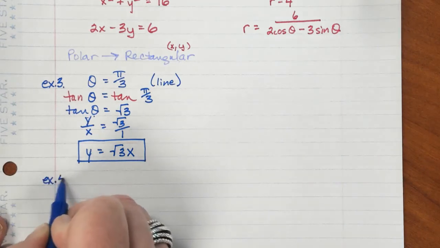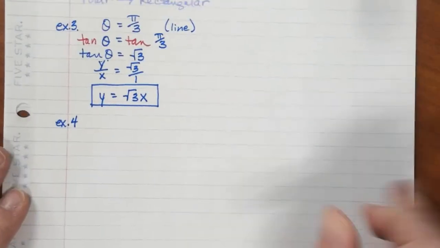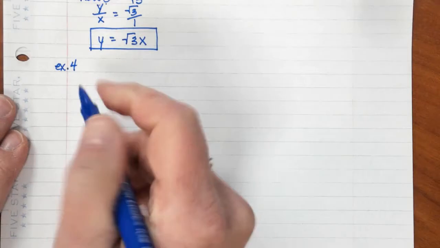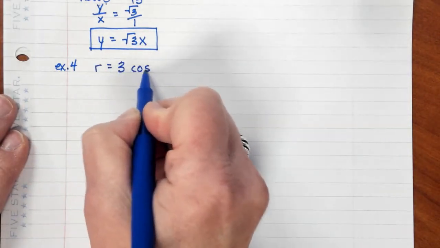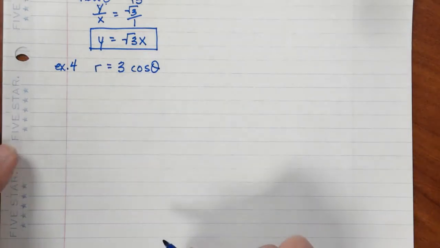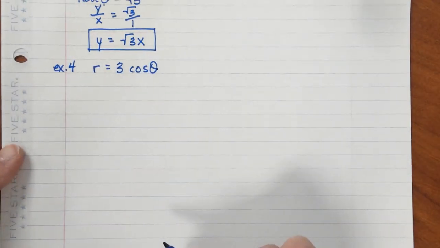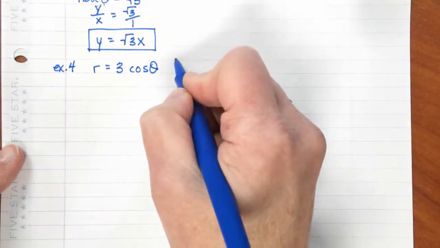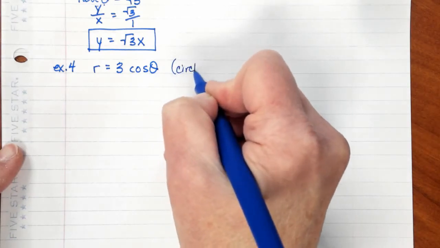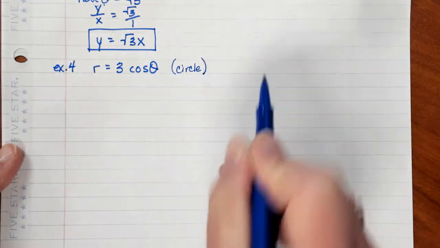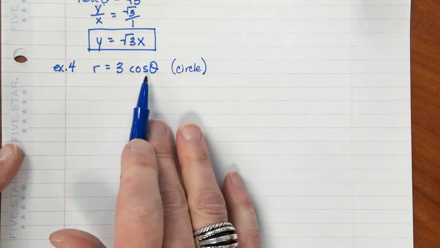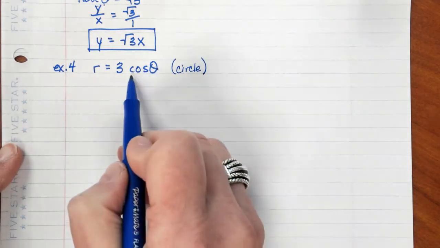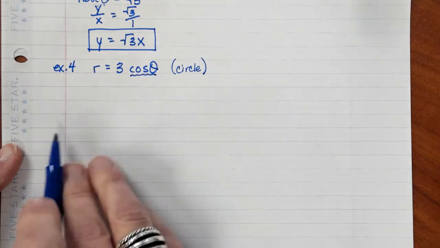So example 4. Let's say that r equals 3 cosine theta. Now you know from your lesson 9.2 that that is a circle. When I want to convert that, I'm going to really just look at this for a minute.